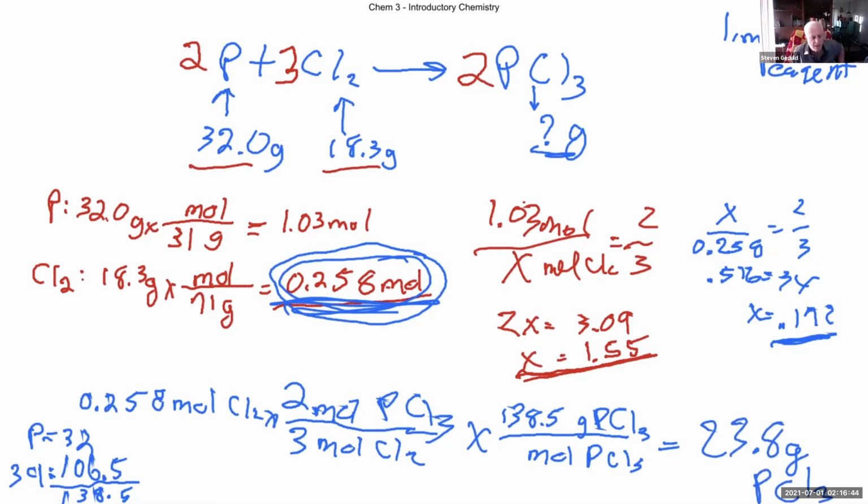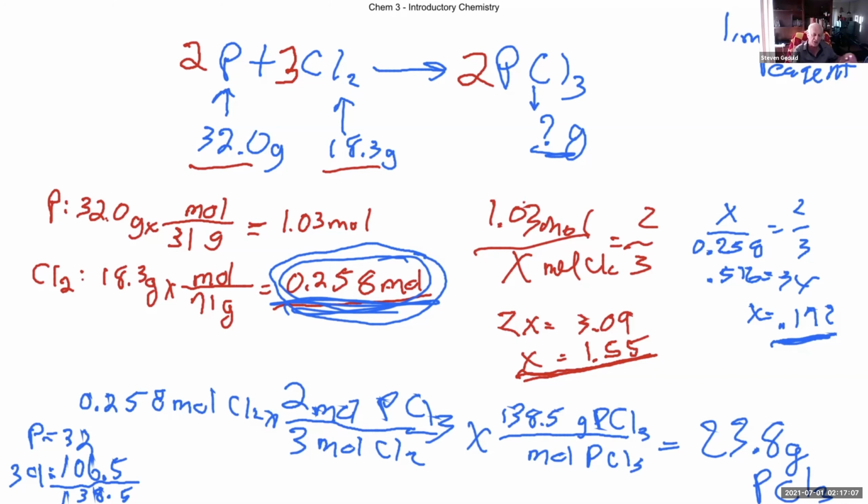So if I were to mix 32 grams of phosphorus metal with 18.3 grams of chlorine gas, I would theoretically come up with 23.8 grams of phosphorus trichloride because I'd run out of chlorine and I'd have extra phosphorus still there. But once the chlorine's gone, that reaction can't keep going.